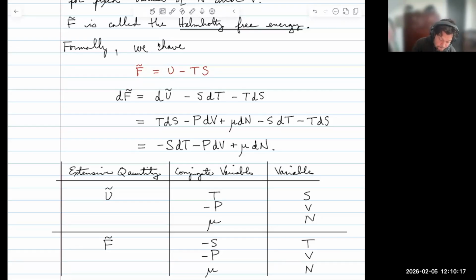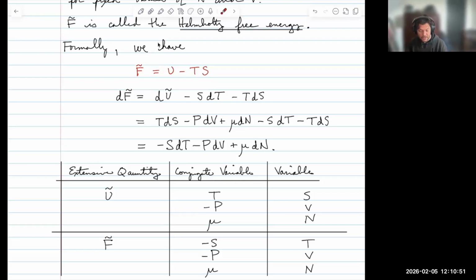Then I'm going to have to apply a product rule. So I take the differential of F, and I get the differential of U, and with the product rule, minus S dT. The usual thing in the thermodynamics literature is to write the differential second, so I'm really taking the differential of T first: S dT minus T dS.